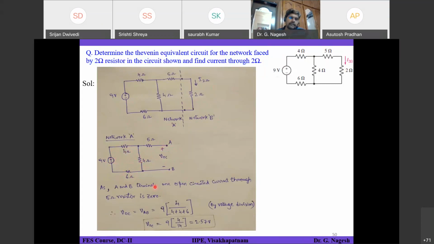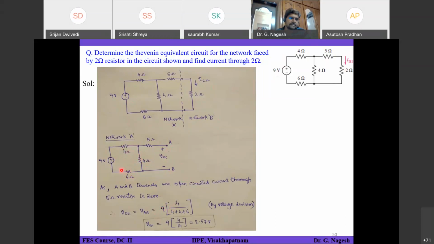Or you can apply the voltage division rule also. The voltage division rule states that to find out VOC, which is nothing but VAB, is equal to the total voltage into the corresponding resistance where you want to find the voltage, that is 4, divided by the total resistance in the circuit, I mean total resistance which are present in series.